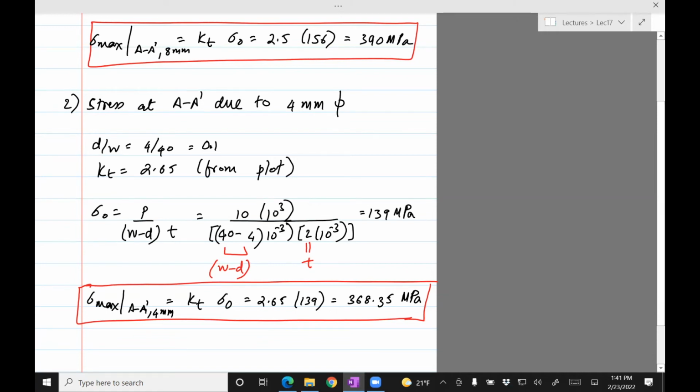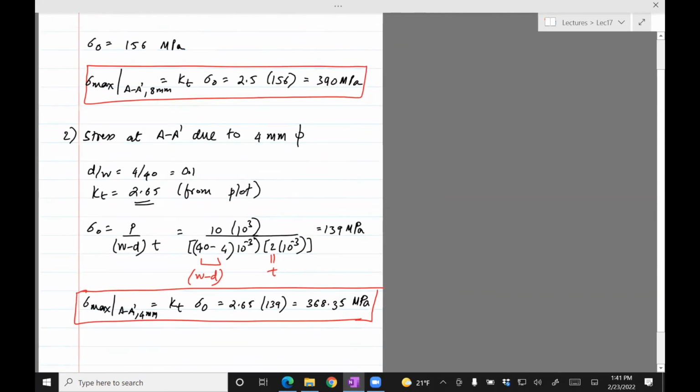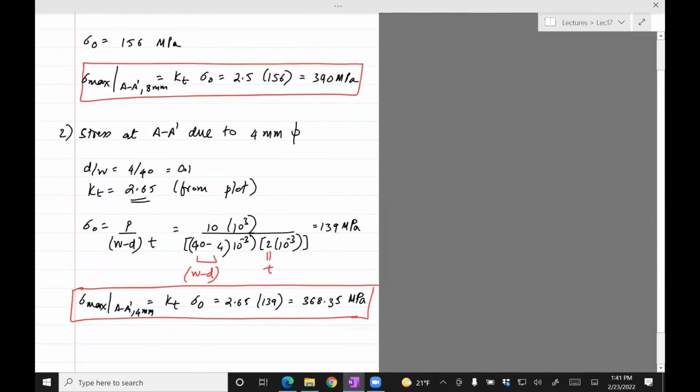So it's interesting that the stress due to the 8 mm hole is greater than the stress due to the 4 mm hole, even though the stress concentration factor for the 4 mm hole was greater than that one, which was 2.5, right? So the 4 mm hole introduces a bigger stress concentration factor. However, the stresses in the 8 mm case are greater, and that's because the cross-section area is different for those two. And I think that's kind of interesting.